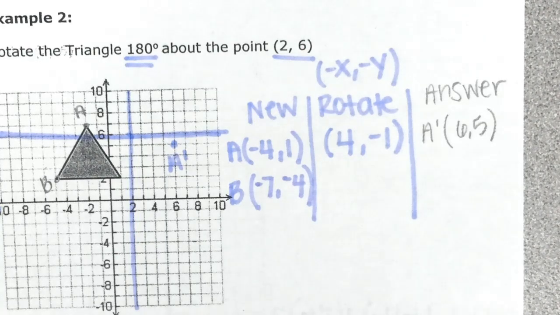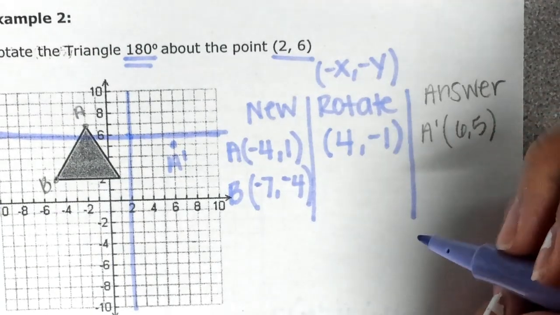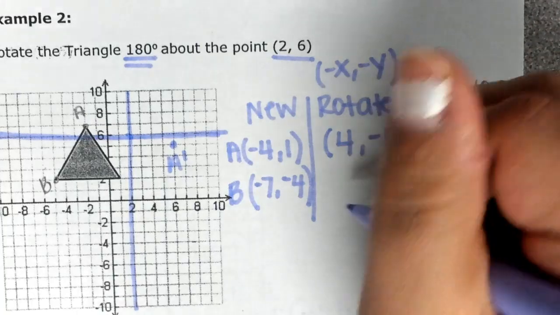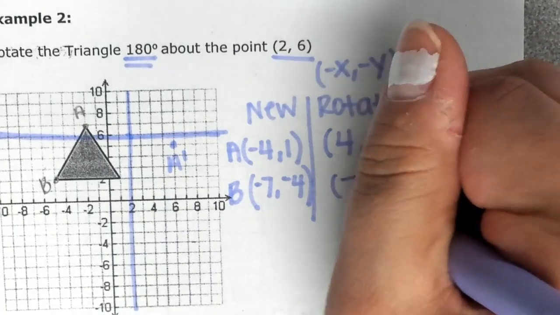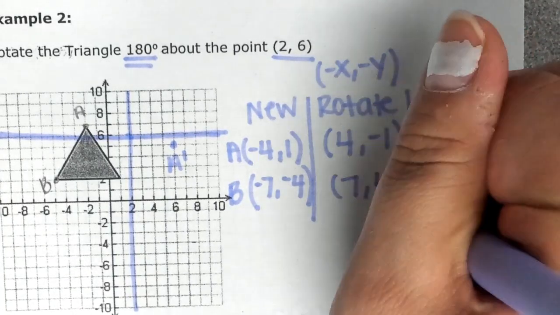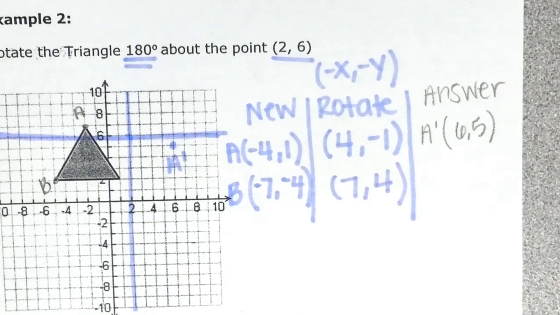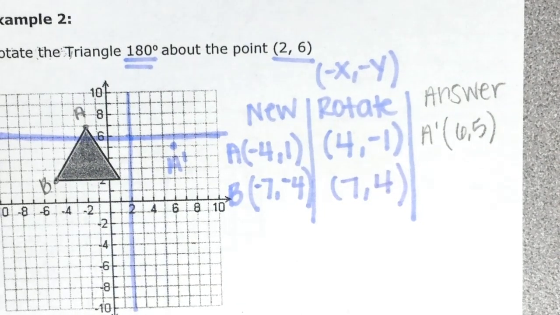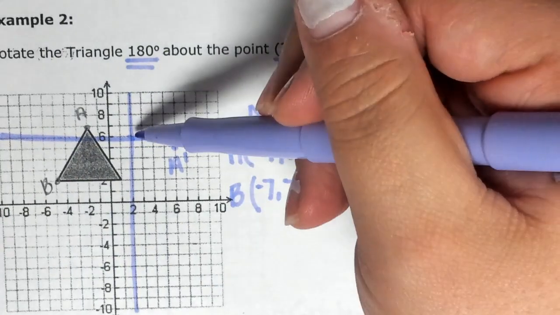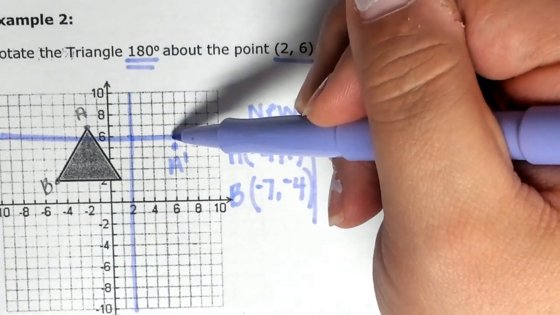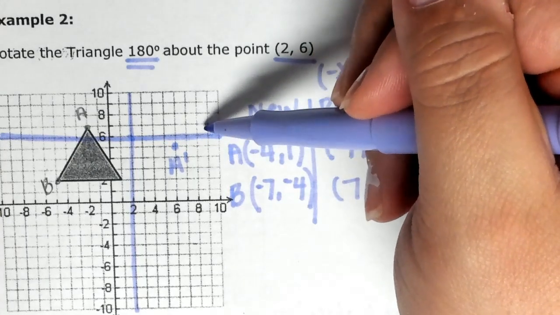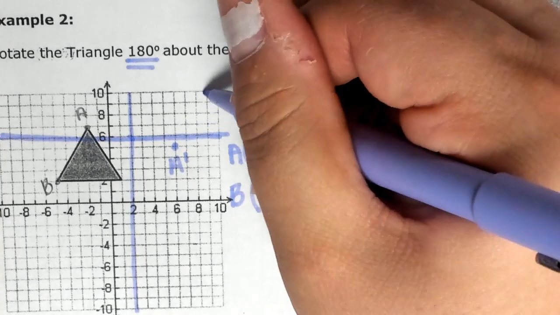So what am I going to do to apply the rule? And how do I do that? What do I end up getting for my new point, my rotated point? Yep, 7, 4. Negate the x, negate the y. And plot that, please. From your new origin, go right 1, 2, 3, 4, 5, 6, 7, up 1, 2, 3, 4.